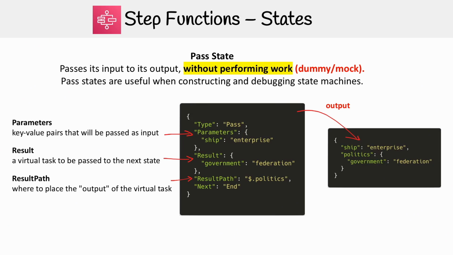So we're going to walk through all the different types of states with step functions, starting with pass state. So for pass state, the idea here is that it allows us to pass input and output without performing any work.